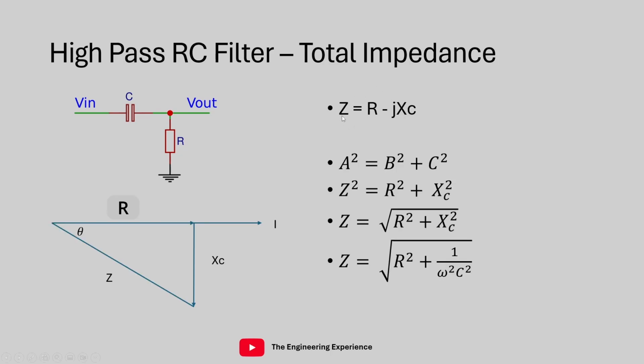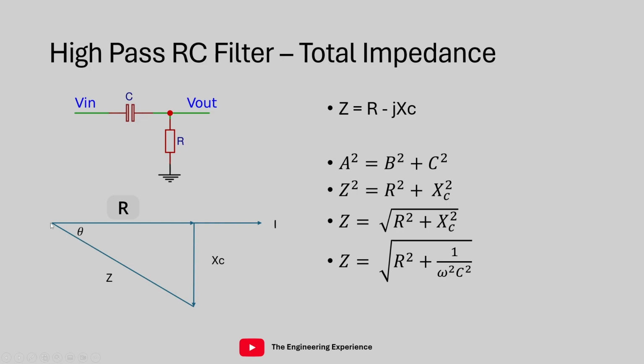So just bringing the final equation to this slide over here. We've got the total impedance is equal to R minus j omega C, and we can start to populate our phasor diagram as well. So obviously the real part is on this axis, so that's R if you look at the impedance, and the imaginary part is on this axis, which obviously we have as XC.